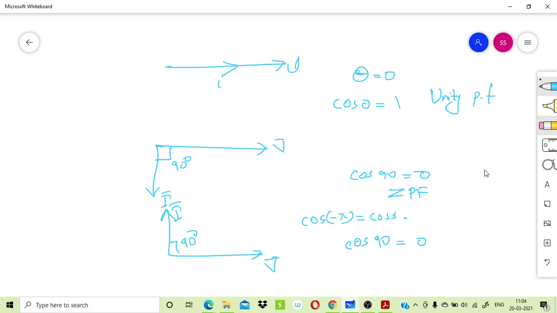But you have to mention whether it is leading zero power factor or lagging zero power factor. Lagging zero power factor means the I phasor lags the V phasor by exactly 90 degrees, and leading zero power factor means the current phasor leads the voltage phasor by exactly 90 degrees.